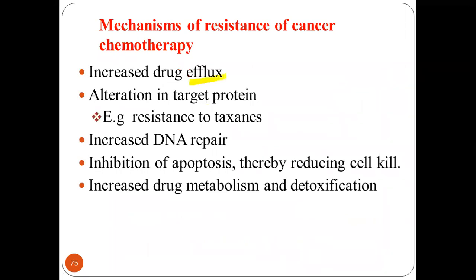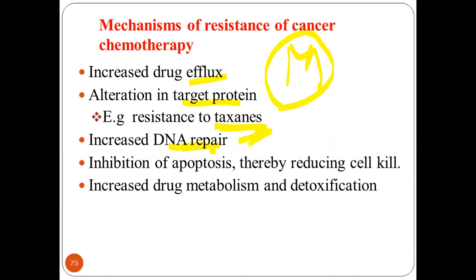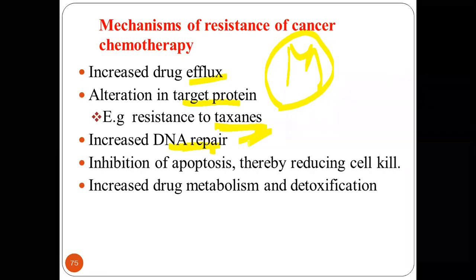Some promote efflux, and some can even alter the target protein, specifically for taxane. Remember the taxanes and the vinca alkaloids normally act on the M phase. So the tumor can alter the target site of cell division and thereby alter sensitivity. Then increased DNA repair. Some normally increase DNA repair. This is a very common resistance for alkylating agents. Alkylating agents cause DNA strand breaks, but the tumor increases DNA repair and continues its life cycle.